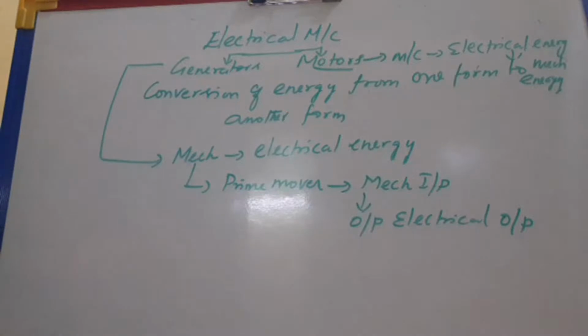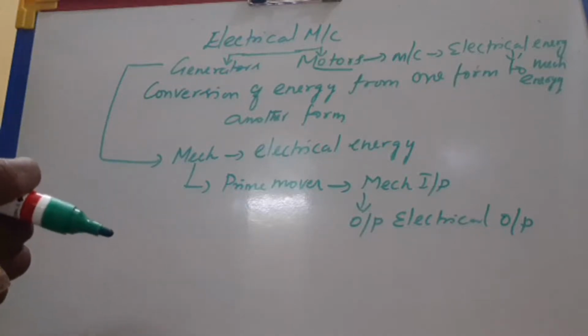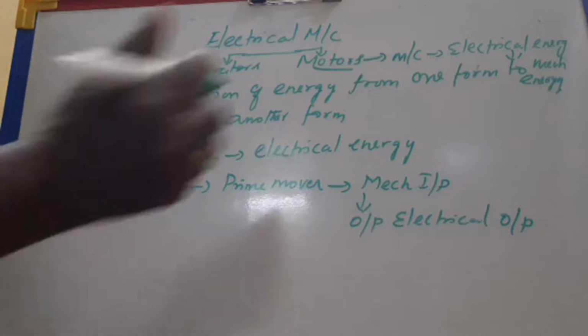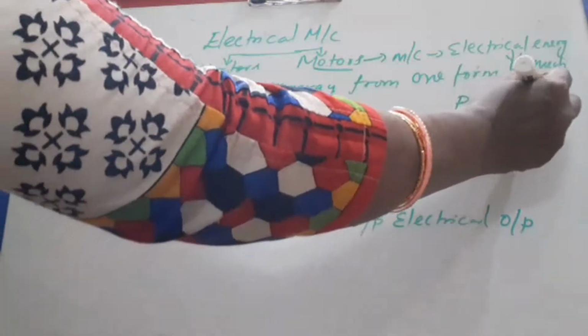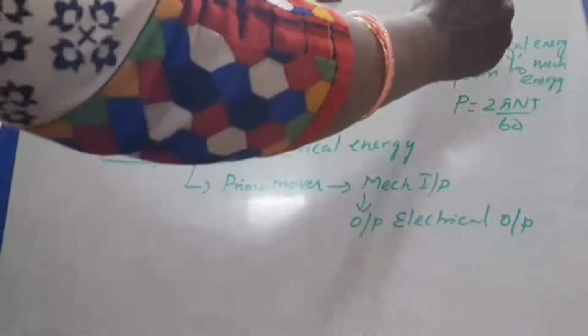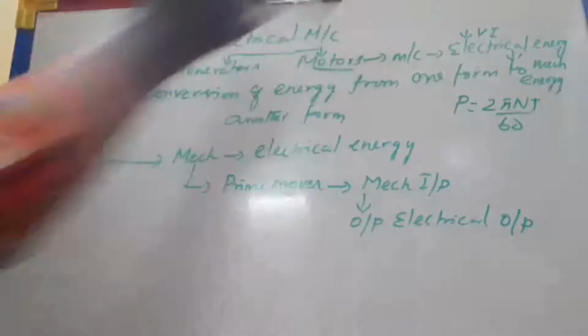The mechanical output we can get in terms of torque. There is a twisting moment which occurs at the center of the axis. With the help of that, we can calculate the mechanical output, that is, P is equal to output power, 2 pi N T by 60. The electrical input we can take in terms of voltage and current.